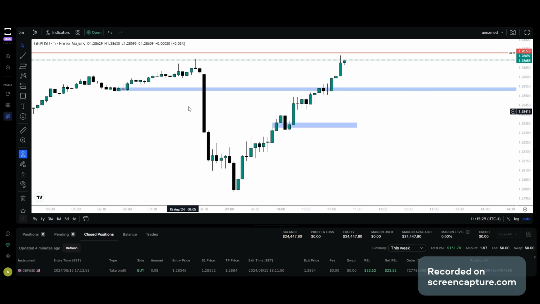Usually, like I said, I like to see a 1 hour displacement, but because we had this inversion fair value gap, I was like, okay, this is going to be left open, breakaway gap. This is going to act as support, inversion fair value gap.